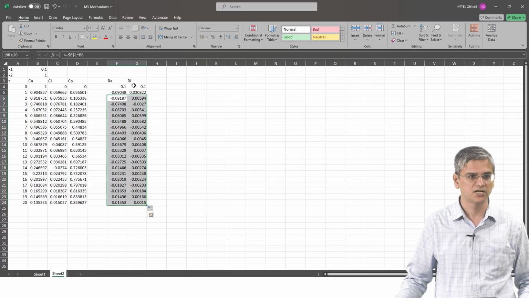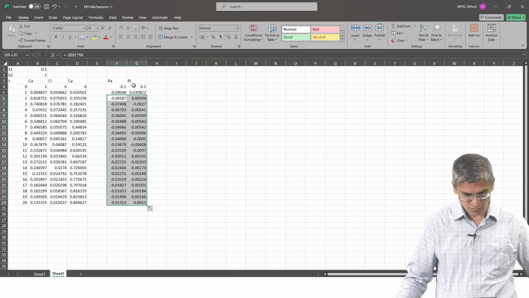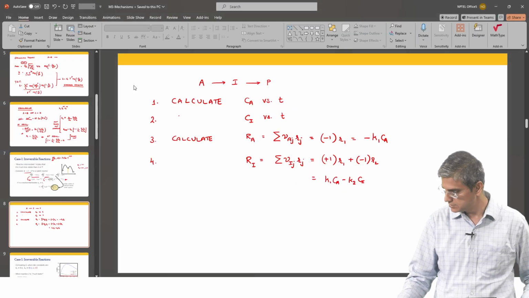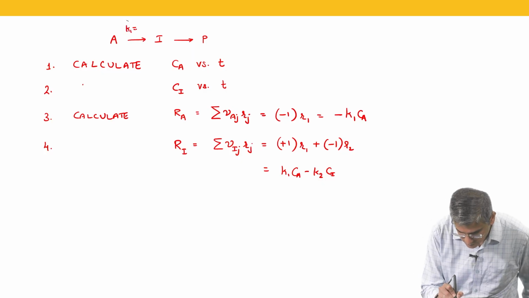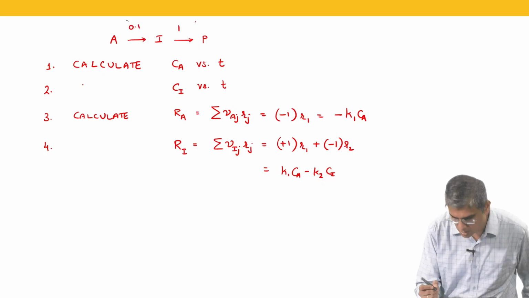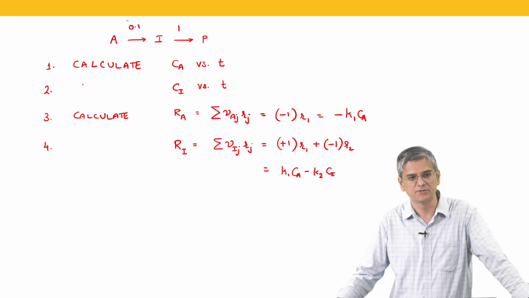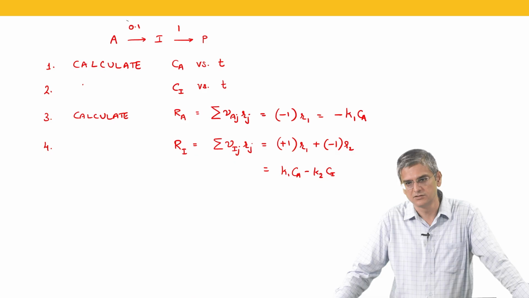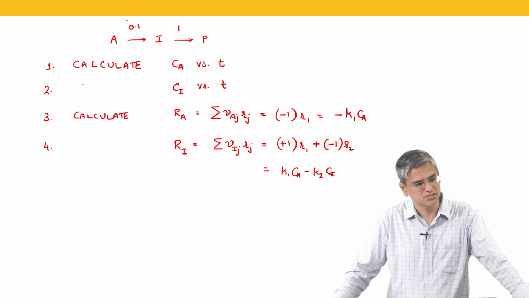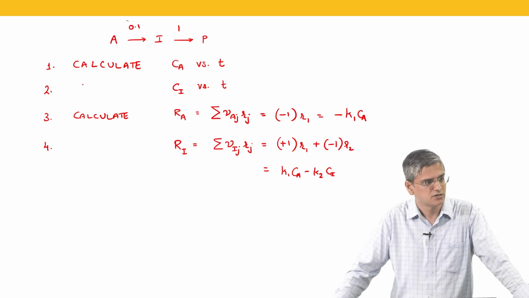What is the rate limiting step when K1 is 0.1 and K2 is 1, which one is rate limiting step? First one. What does that mean? That means that everything is governed by the first reaction.